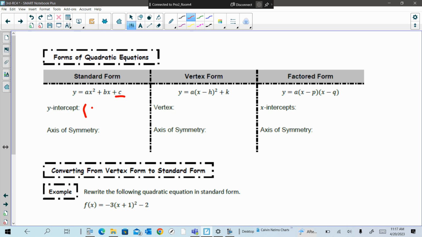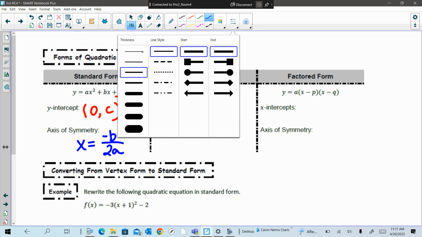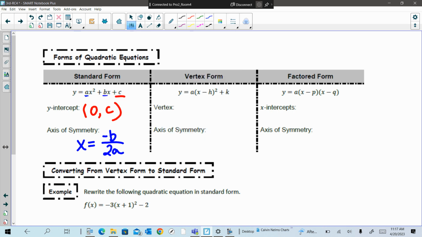So that would be 0, comma, C, whatever the constant is. And then your axis of symmetry, it's the formula x equals negative b over 2a. And you just have to remember to plug in your parts of the quadratic, meaning your a, your b, and your c. We got to know those parts to solve.